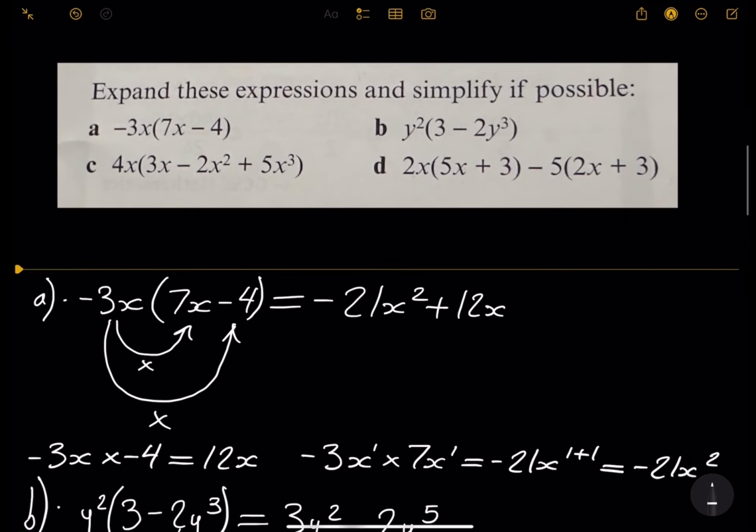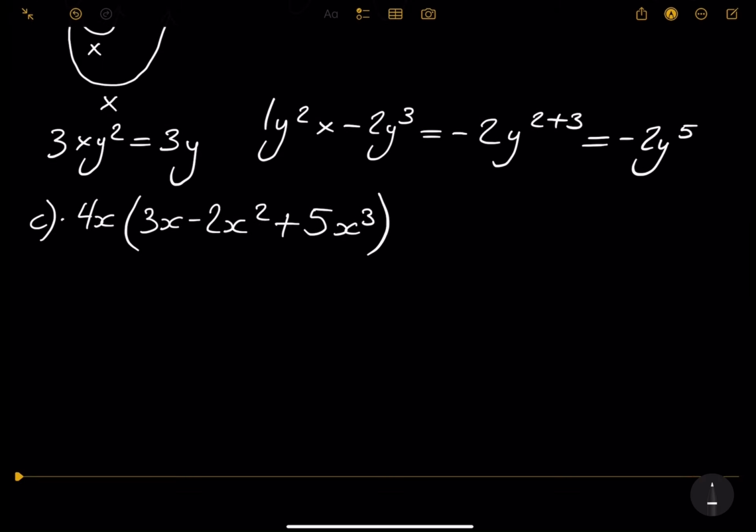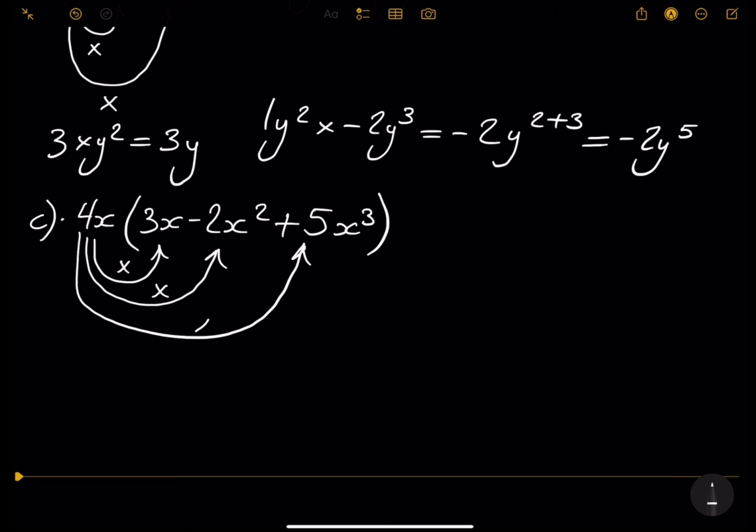Okay, now for part C. And we start off as before. This is another instance of expanding the brackets. So we multiply 4x by 3x, we multiply 4x by minus 2x squared, and we multiply 4x by 5x cubed.